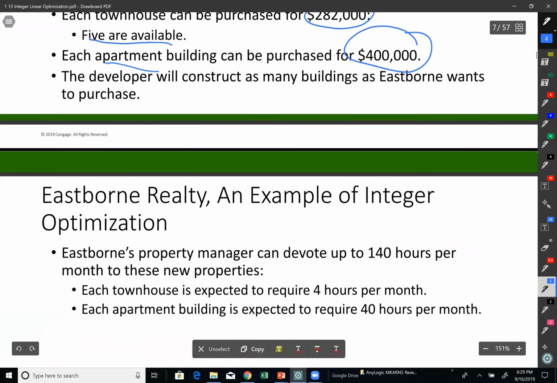So in this case, we will hire a property management company, and the property management company has 140 hours available for us in terms of our contract. On average, based on historical data, we know that each townhouse is expected to require 4 hours per month, versus an apartment complex, which is bigger and has more problems, at about 40 hours per month per apartment building.